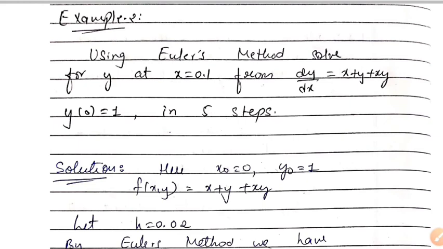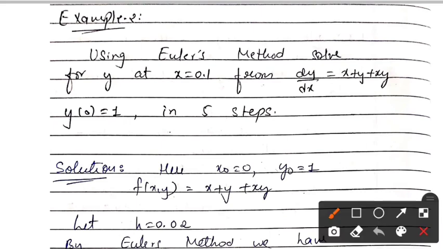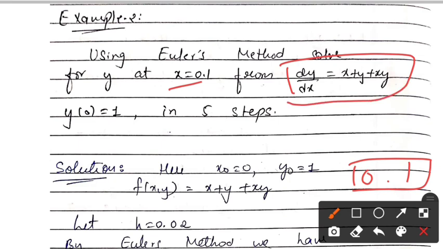Using Euler's method, solve for y at x equal to 0.1. See, you have to solve for y at x equal to 0.1. So 0.1 is your last step, right? From dy by dx, this is your given function, and you are given the initial condition 0 and 1.